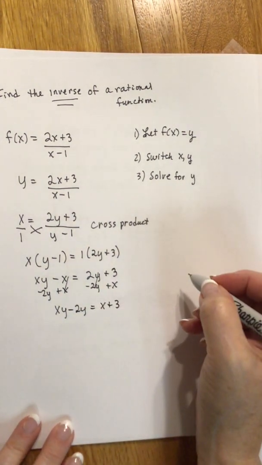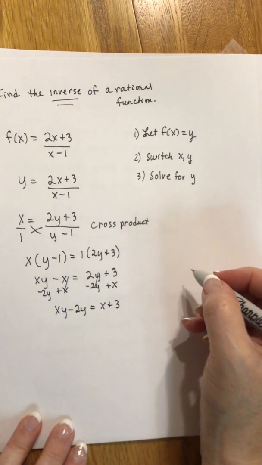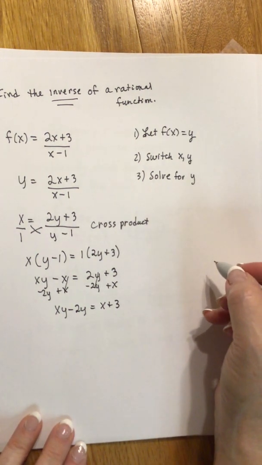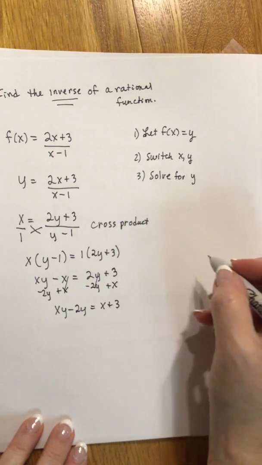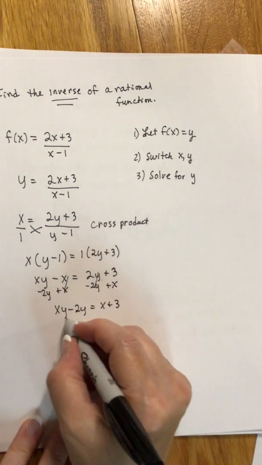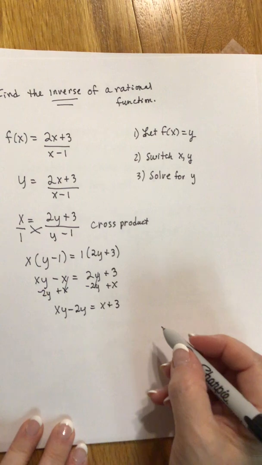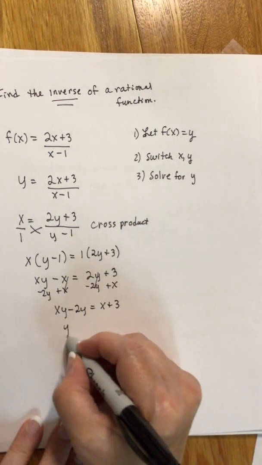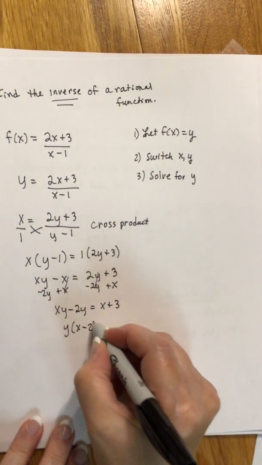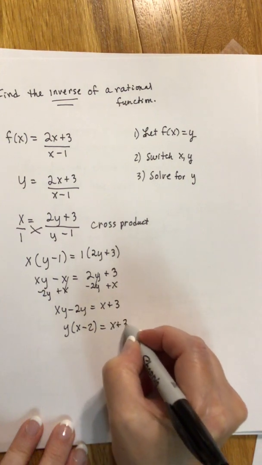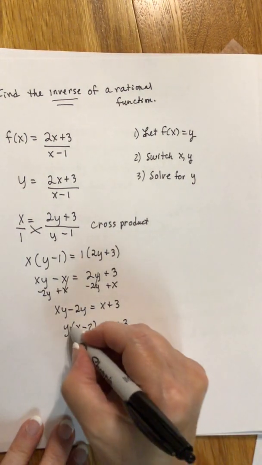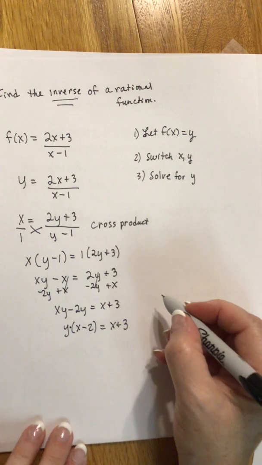So hold on to that for a second, give everybody a chance to catch up. We're solving for y. So what do you see in common to these two terms? You see a y, so we're going to distribute out a y and get y times (x - 2) equals x + 3. This is multiplication between that y and that term, so what are we going to do?